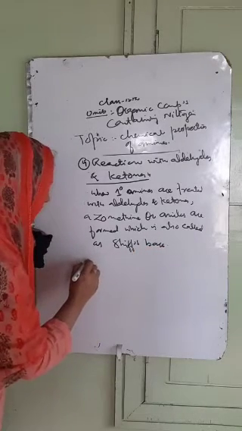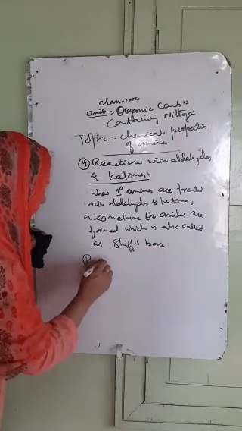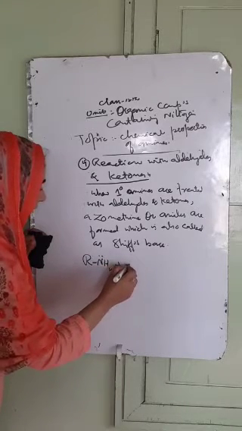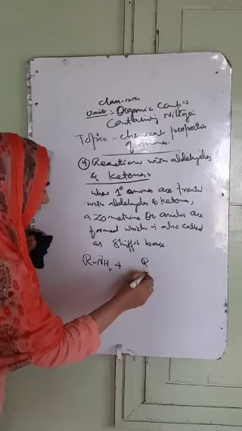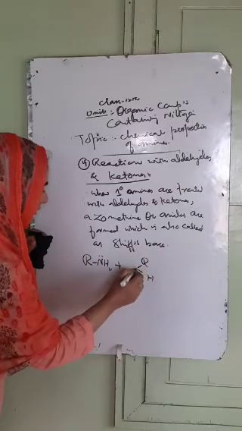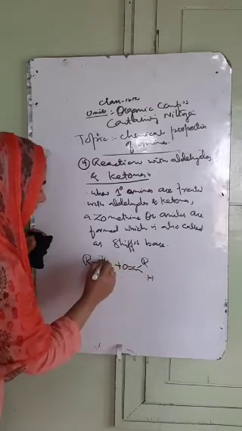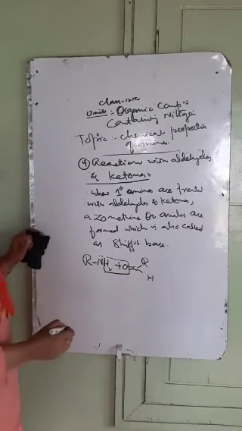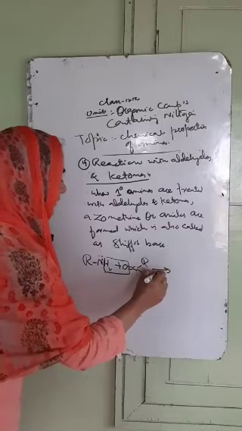Now you have the amine, that is RNH2. It will react with that aldehyde, that is RCHO. Water will come out, क्योंकि ये रिएक्शन हमने aldehydes में ऑलरेडी डिस्कस की है, while Schiff's base is formed.